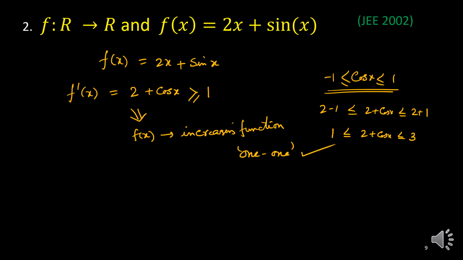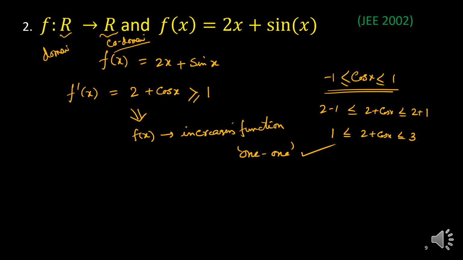Correct? Now what is the range for this one? You can find out. The domain is R only, and the codomain is given as all real numbers, minus infinity to plus infinity.